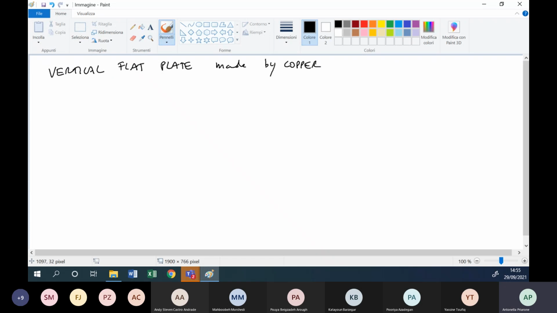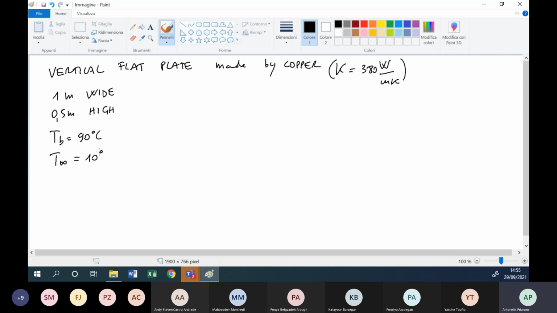Copper in Italian is rame, with K, thermal conductivity, equal to 380 watt per meter Kelvin, 1 meter wide and 0.5 meter high. The temperature of the plate TB is equal to 90 Celsius degree. I have an external fluid on this plate, T infinite equal to 10 Celsius degree.